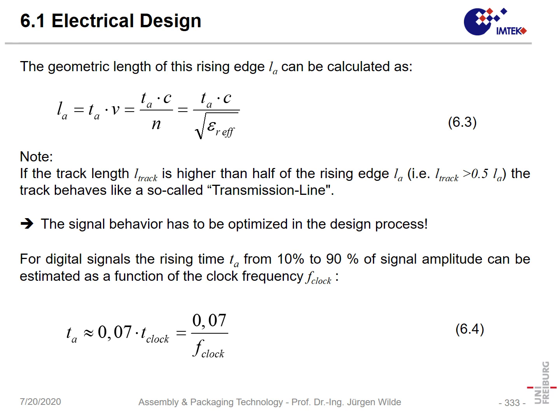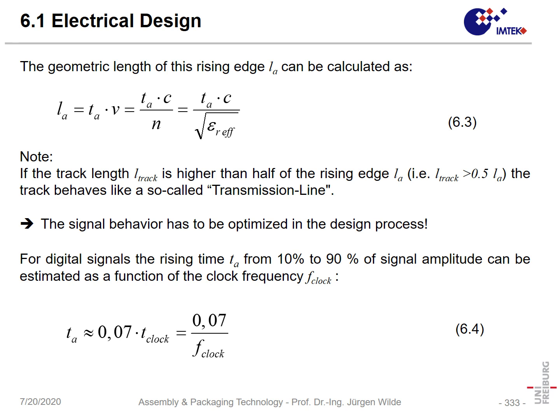And now there is a rule that says when effects of rise time and when effects of speed of the signal have to be taken into account. Of course, that is an important part of the design process. And to decide whether that is necessary, we use the so-called transmission line criterion.